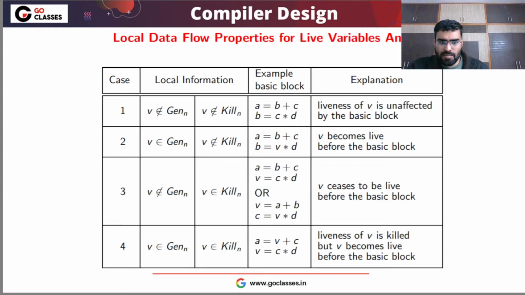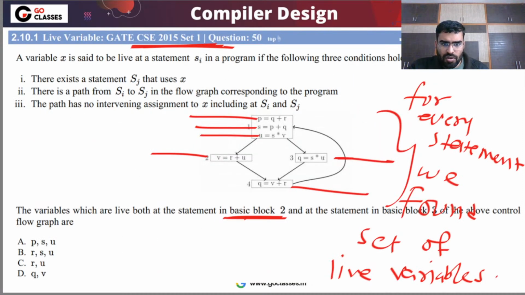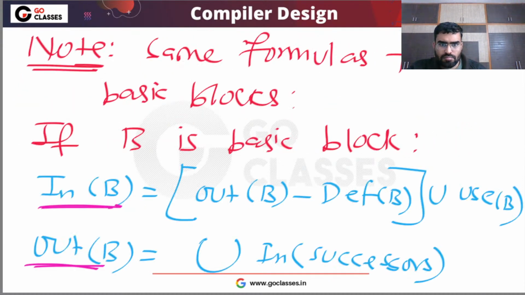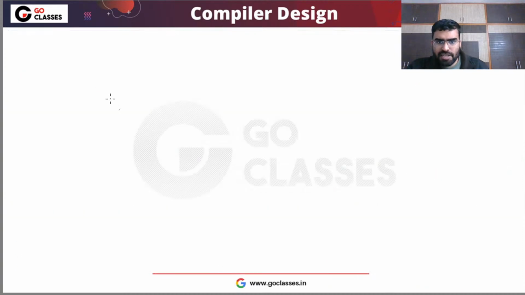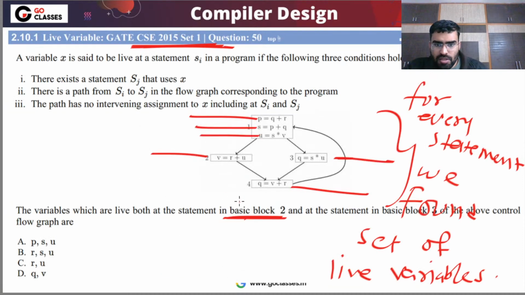So let's solve the same question. Can you try this question now? Let's see what will happen in the first pass. Here again go in the backward direction. So in the backward direction if you go, then what will happen?